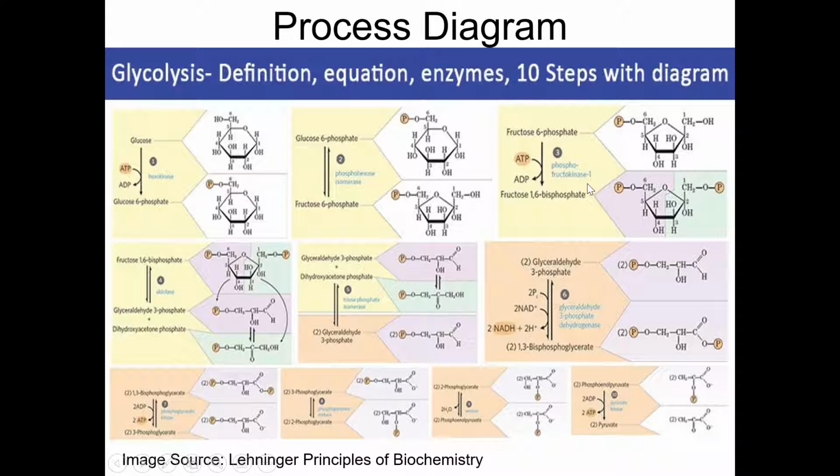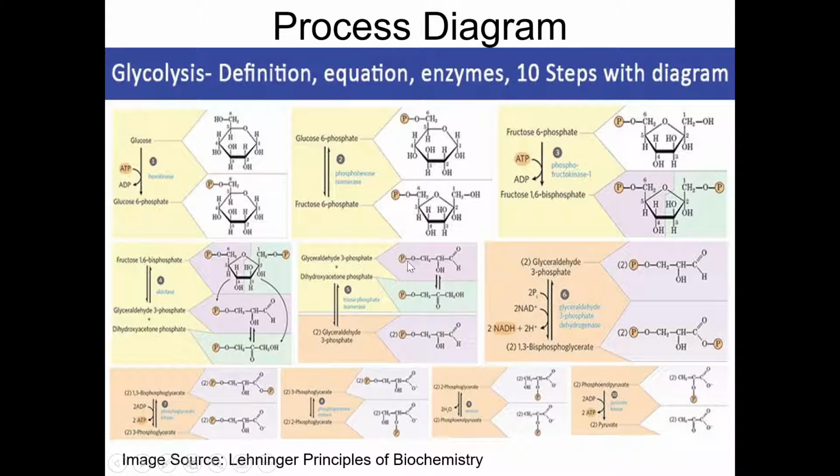Next, the third step: a phosphate group is transferred from the ATP to the fructose 6 phosphate, which results in fructose 1,6 bisphosphate. The enzyme in that one is phosphofructokinase. I know I messed that one up, but that's what it is.